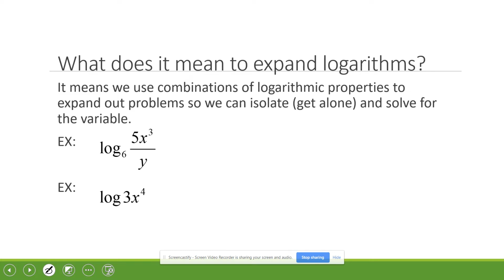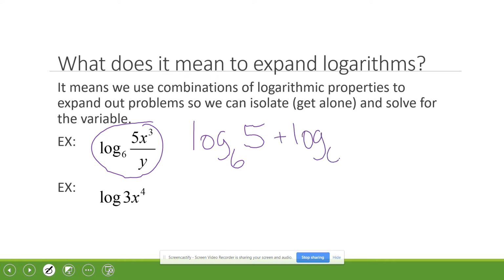Now we're going to combine those together. So when we're expanding logarithms, then we're taking this very small expression right here, and we're writing it out into something much larger so we can start pulling apart our variables and maybe solving for them. On the top of my fraction, my numerator, I have 5 times x to the 3rd. So we have log base 6 of 5. Remember, multiplication is adding. Log base 6 of x cubed.